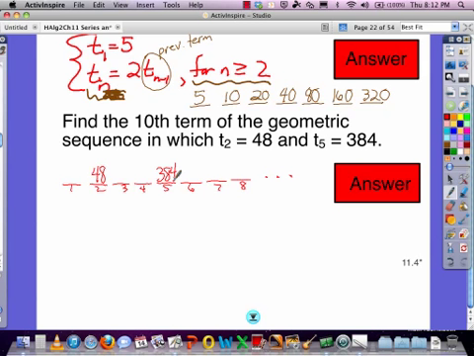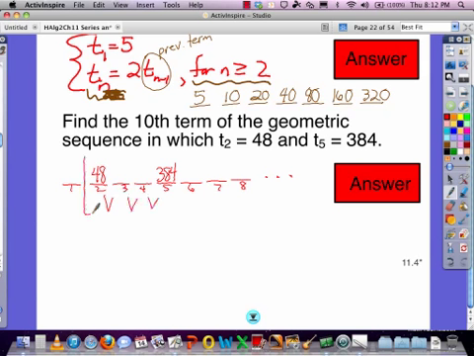So if we have 48 and we really don't know what we're multiplying by, look at the part that you do have. And so in this case, we're looking at the 48 and the 384. And if we have 48 and 384, we know we also have some constant differences. And those constant differences in this geometric sequence is nothing more than the difference between the 2 and the 3 would be one difference, the 3 and the 4, and the 4 and the 5.